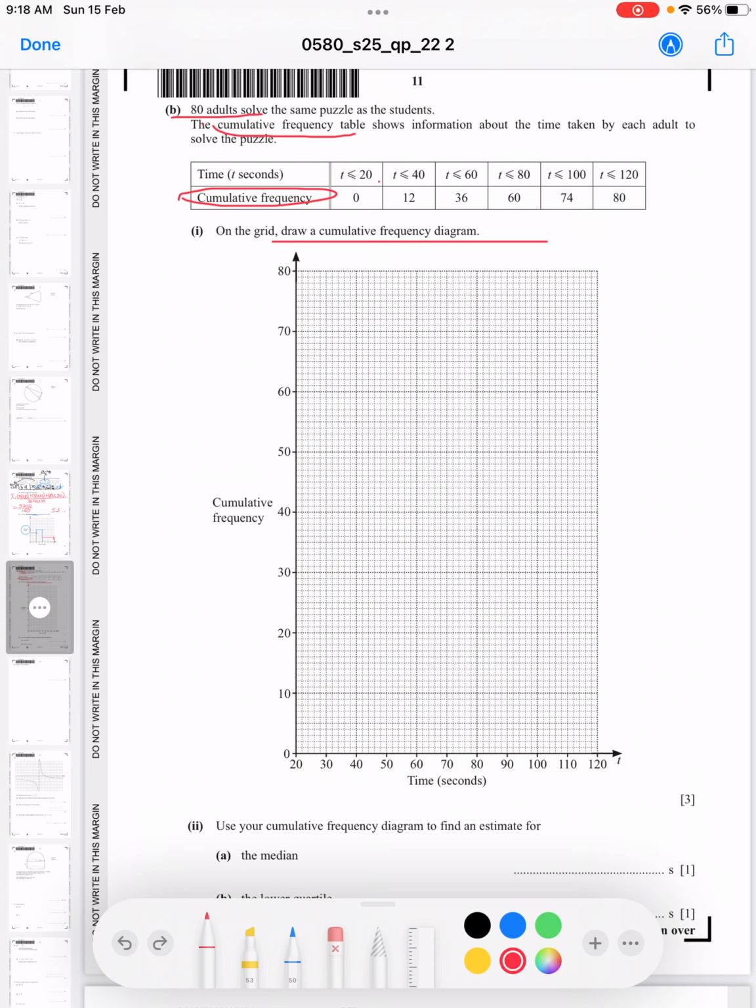At 20 the value is 0, at 40 the value is 12, this one. Then at 60 the value is 36, something like this.